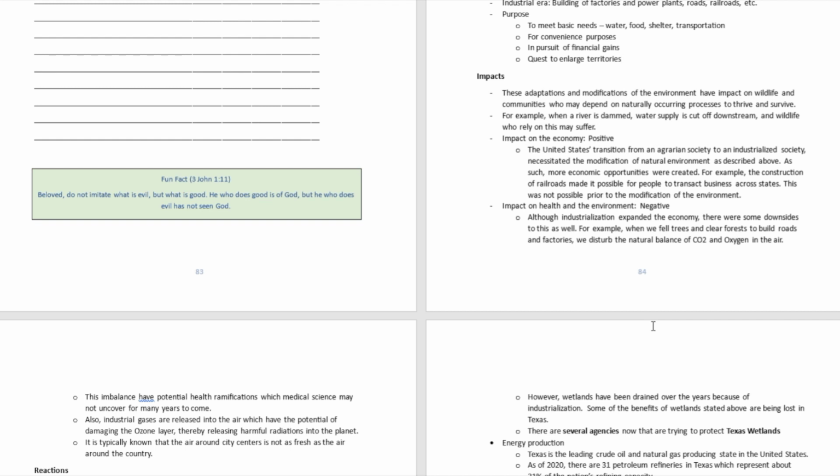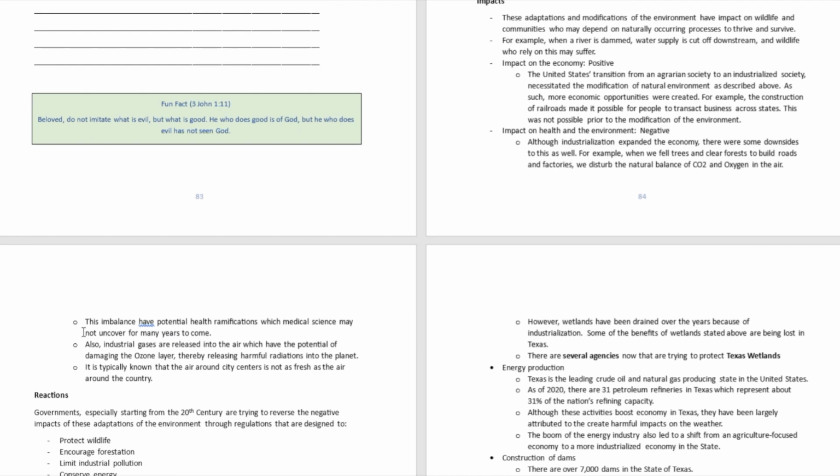Plants typically breathe out oxygen and take in CO2, but when we clear forest and we don't replant trees, we can disturb the balance. This imbalance has the potential of health ramifications, which medical science may not uncover for years to come.